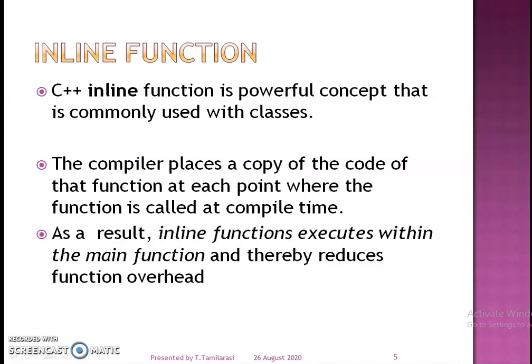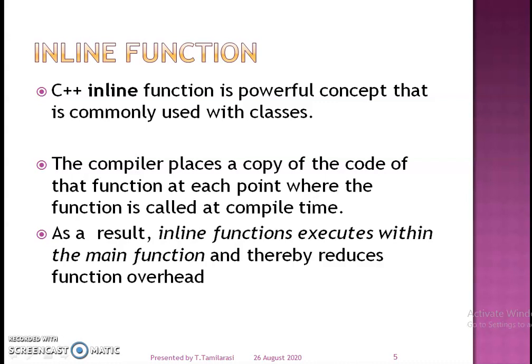How do inline functions differ from our normal function? In a normal function, control switches over from the main function to the user defined function. Instead of that, in an inline function, while we are compiling the code, the source code is copied and placed in the calling area.